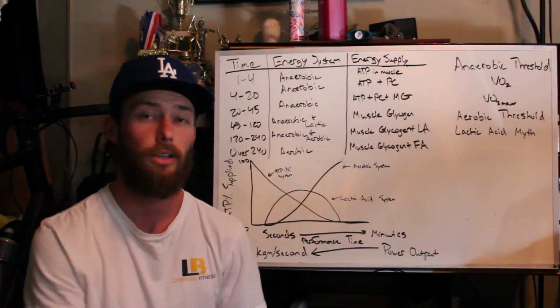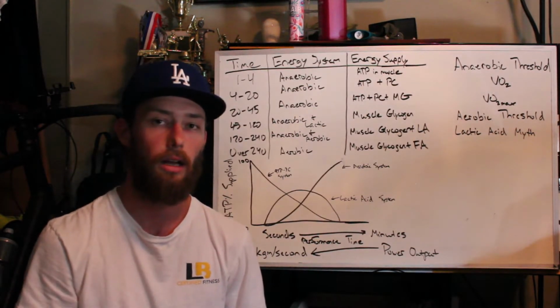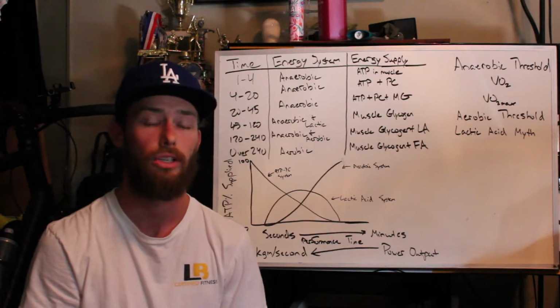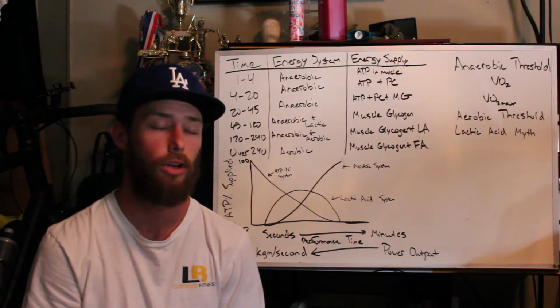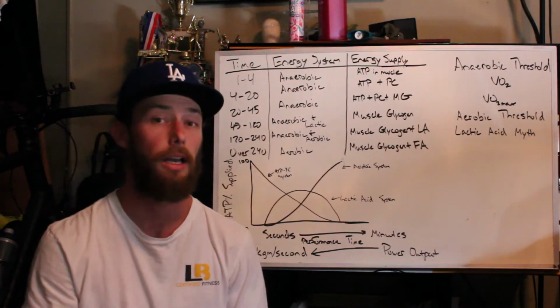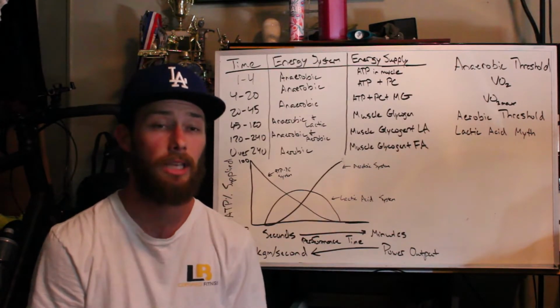And like I said, you can only carry so much glycogen in your muscles, so then you have to refuel with more glycogen to give your body the energy it needs to keep going.